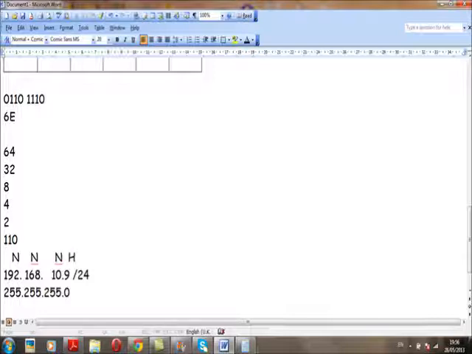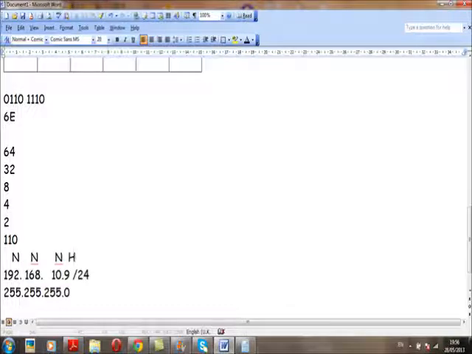Minus 2, yeah? If you calculate the range of IP addresses available for hosts, you take 2 to the power of the number of host bits, and then you have to subtract 2 addresses, because the lowest one, all 0s, is the network, and all 1s is the broadcast.